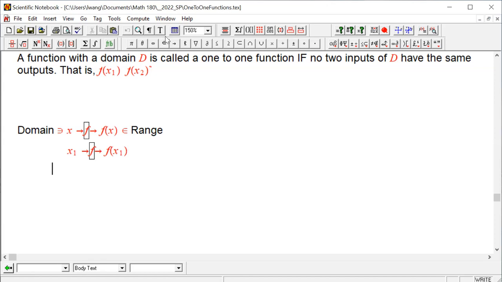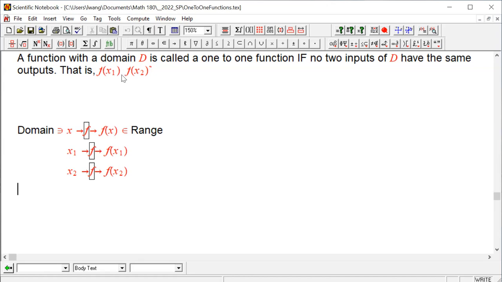For another input, x sub 2, it produces f of x sub 2. So for input x1, we get output f of x1. For input x2, we get f of x2.